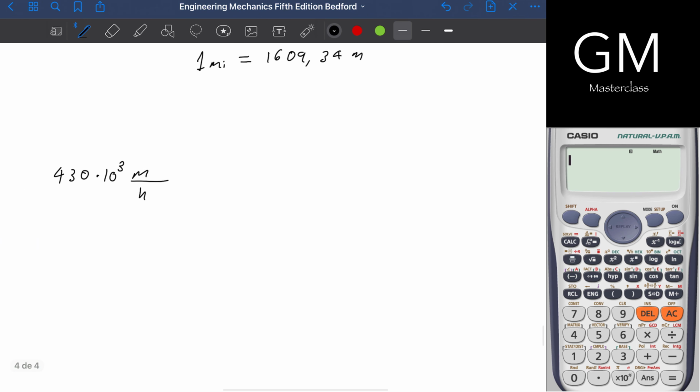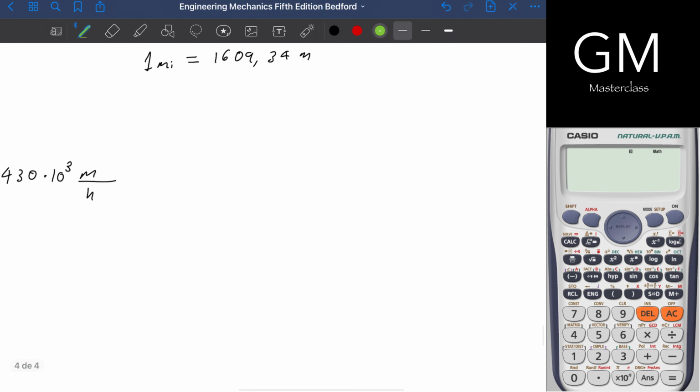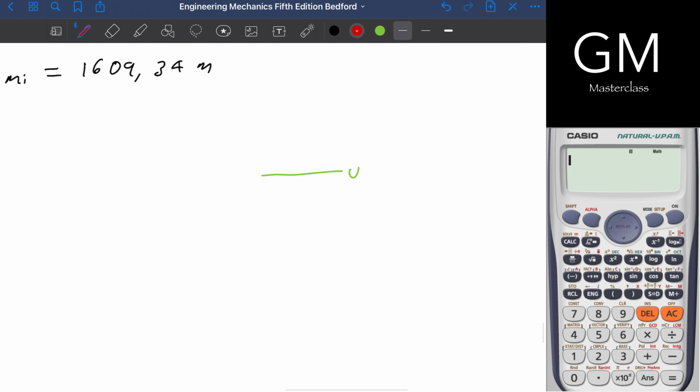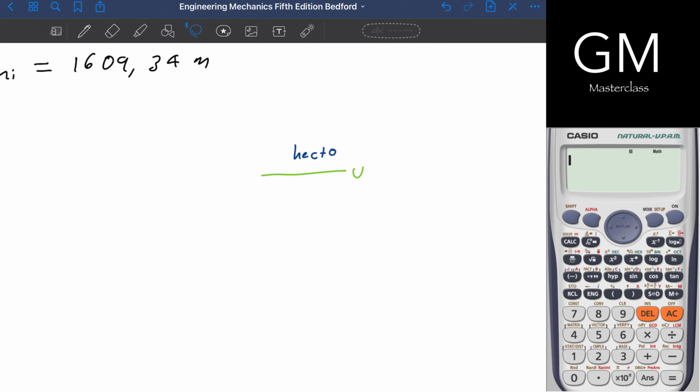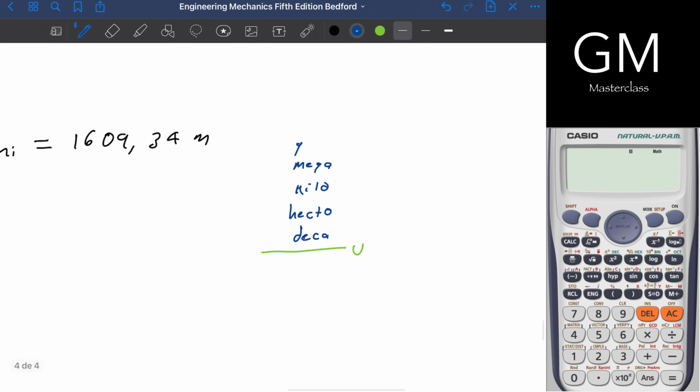In previous videos I've explained that there is a chart in which you have the unit, and above it you have the prefixes. First we have deca, hecto, kilo, mega, giga, tera, peta, exa.